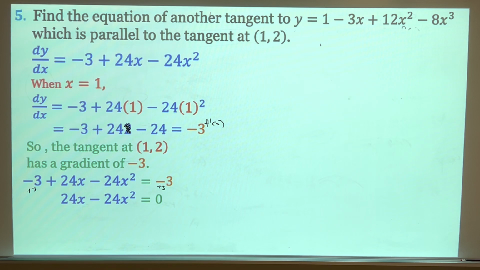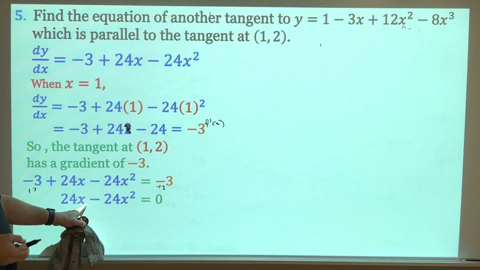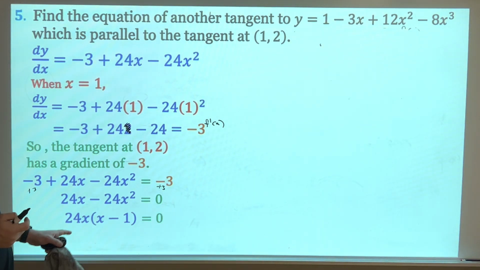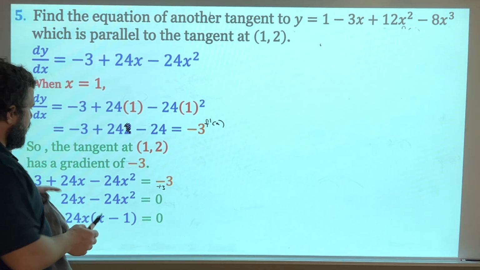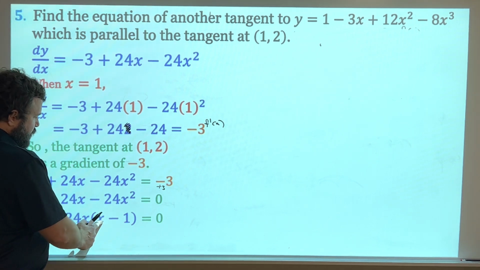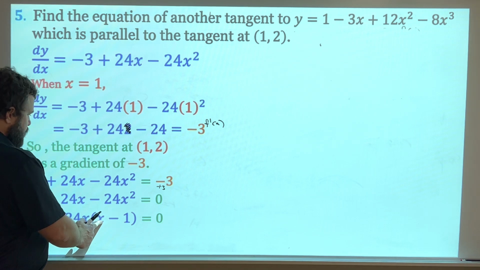What can I do here now to solve for x? Because I got my equation, I got my gradient. I could take out a 24x. 24x divided by 24x squared leaves me with an x, right? Wait a second.